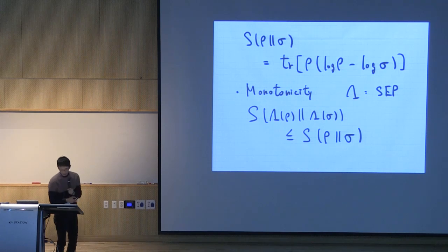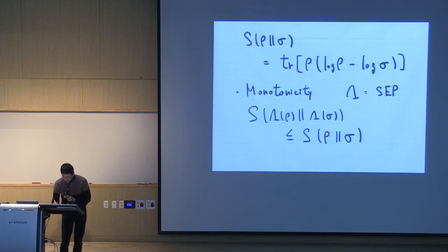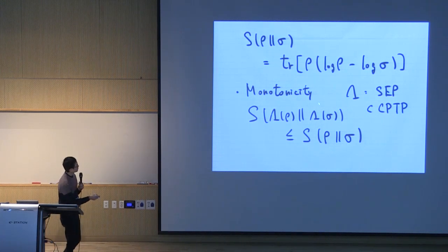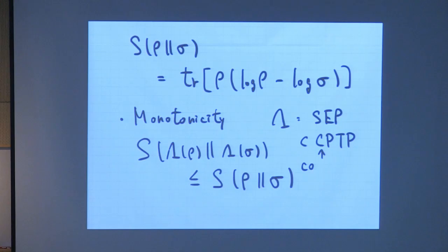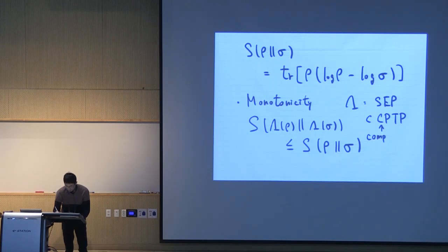One of them is monotonicity under the separable operation. More generally, a separable operation is a subclass of so-called CPTP operations, and actually the monotonicity holds even for CPTP operations. CPTP means completely positive and trace preserving.